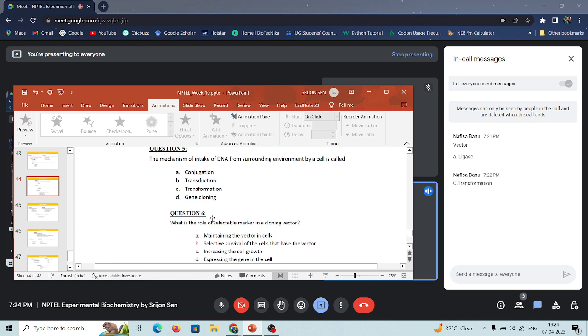What is the role of a selectable marker in a cloning vector? This is an MSQ question.